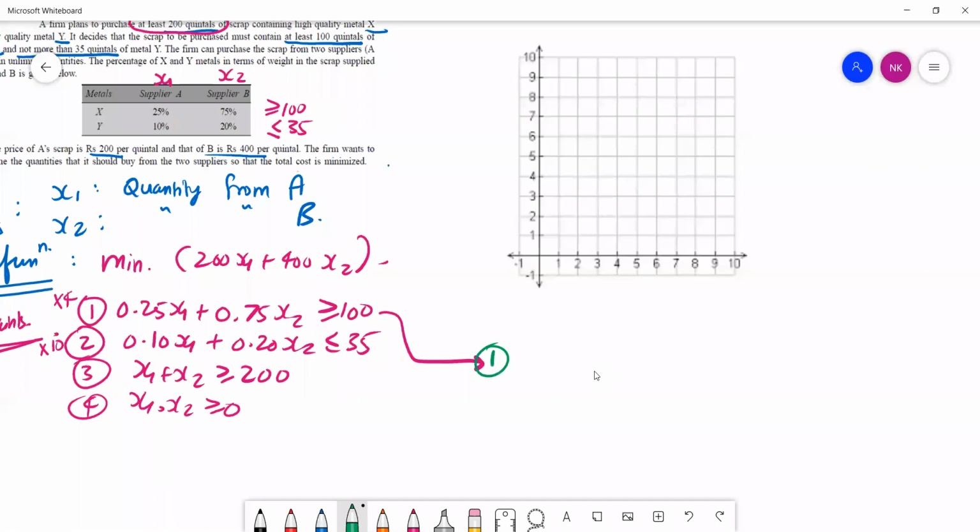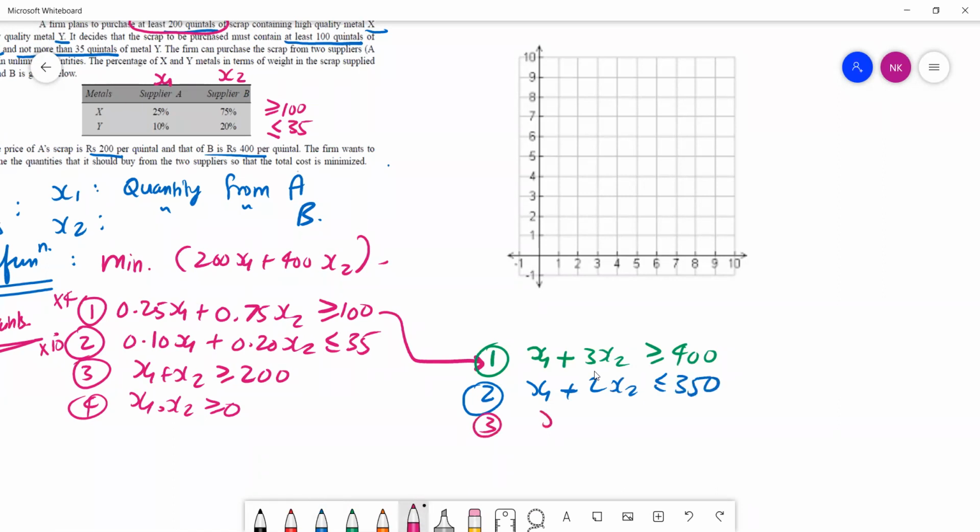Equation 1 will be 0.25 multiplied by 4, so it will be x1 plus 3x2 must be greater or equal to 400. The second equation multiplied by 10 will be x1 plus 2x2 must be less or equal to 350. And the third constraint remains as it is, that is x1 plus x2 must be greater or equal to 200.